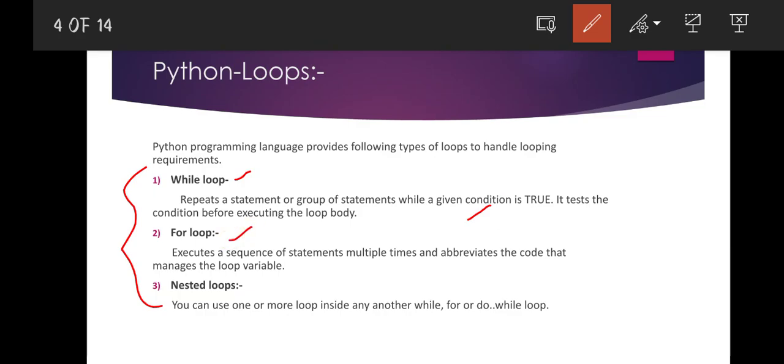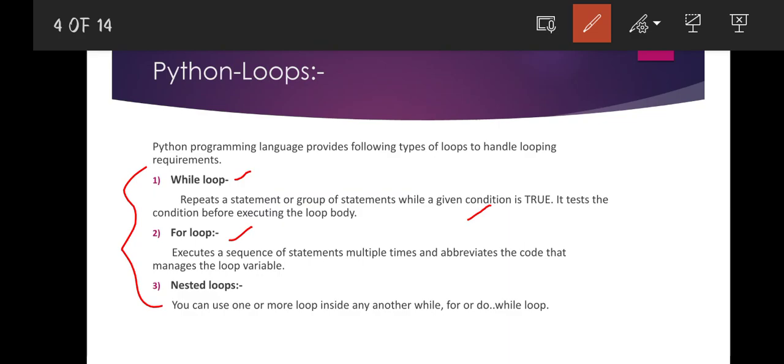It executes a sequence of statements multiple times and abbreviates the code that manages the loop variable. In a for loop we use variables and sequences. To execute a sequence of statements multiple times we use the for loop.